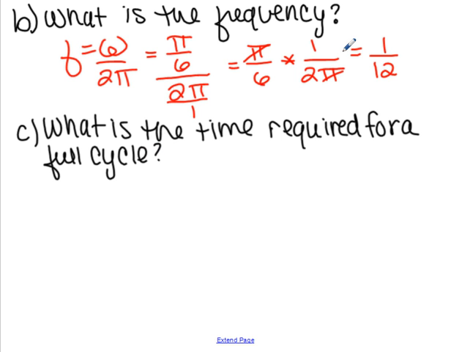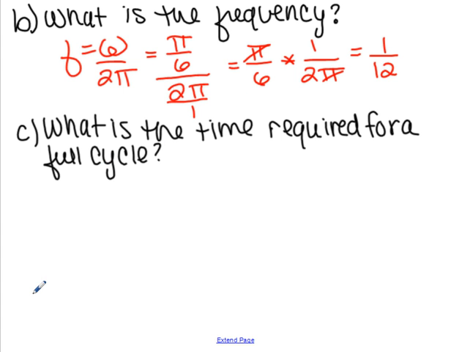Not to get confused with the frequency, which tells us that for 1 unit of time, which is seconds, we're looking at only 1 second. This is how far it's gone. Now we want to know for 1 full cycle, not for the time.